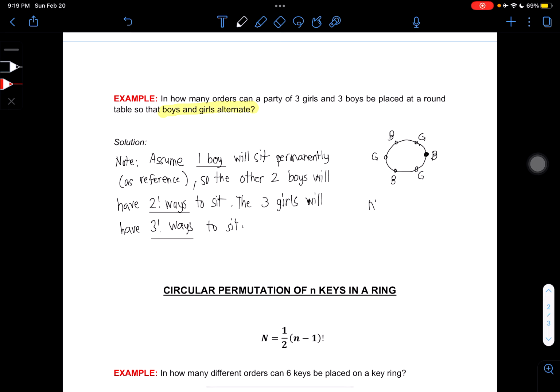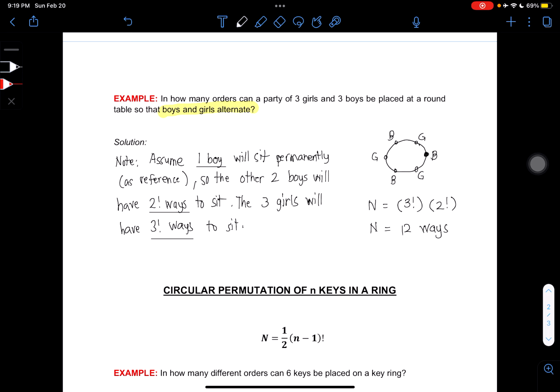To solve for our circular permutation, the girls have 3 factorial ways and the boys have 2 factorial ways. Therefore our answer will be 12 ways.